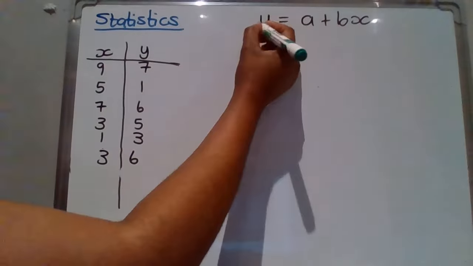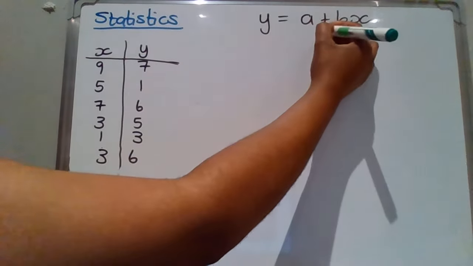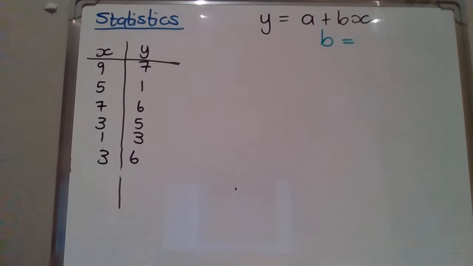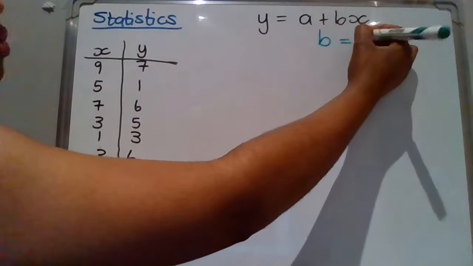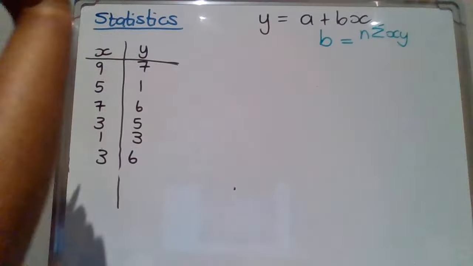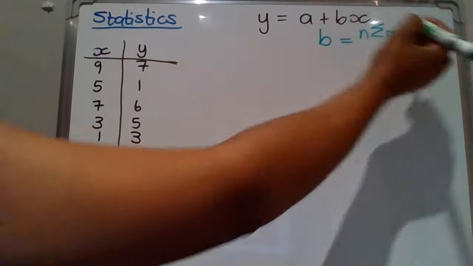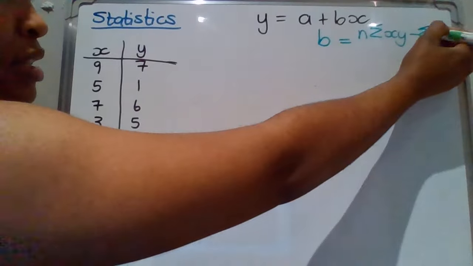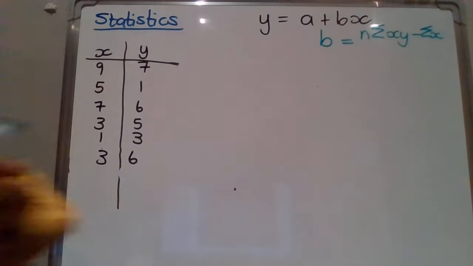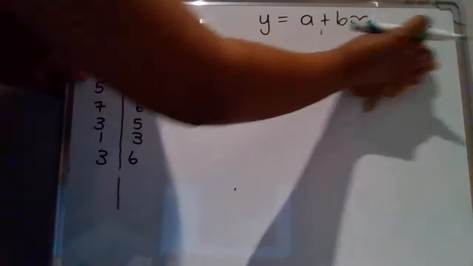So the first one is that b is equal to n times the sum of x times y, minus the sum of the x values times the sum of the y values.